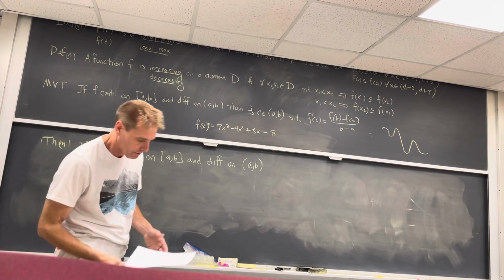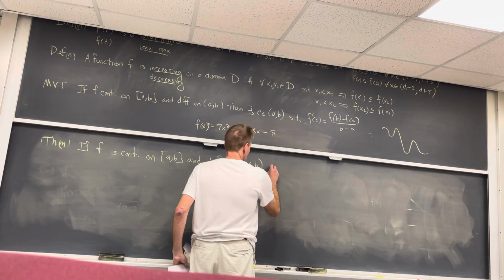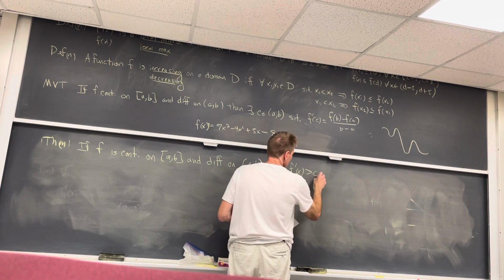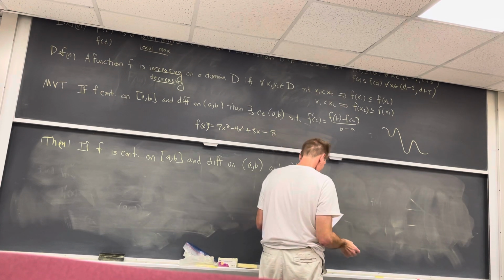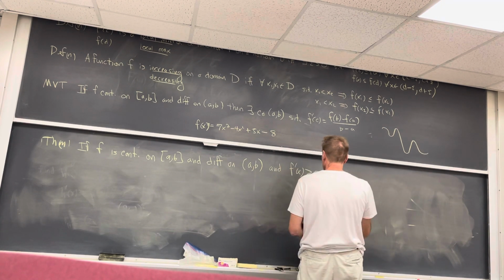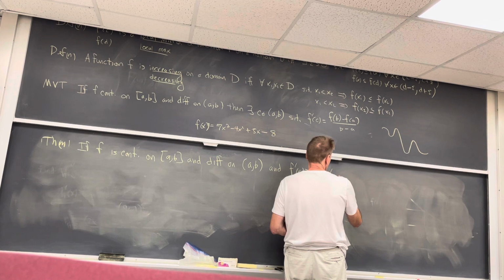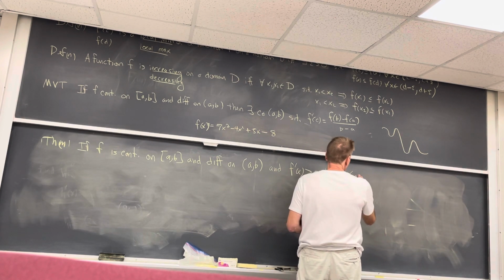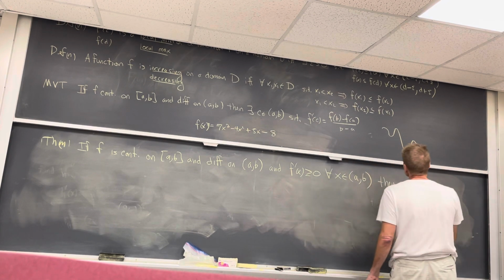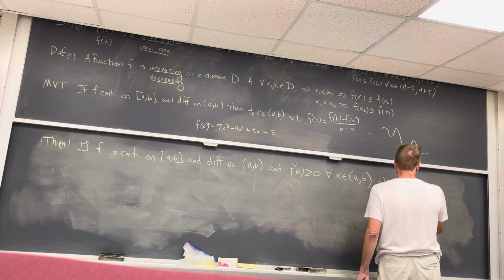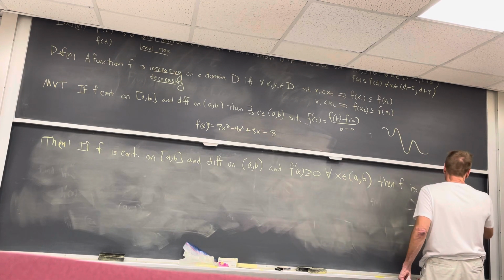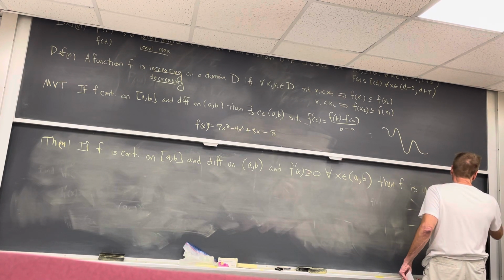Well, this is where it changes, and f prime of x is greater than 0, I guess we did fine with greater than or equal to 0, for every x that's an element of that open interval AB, then f is increasing on that closed interval AB.